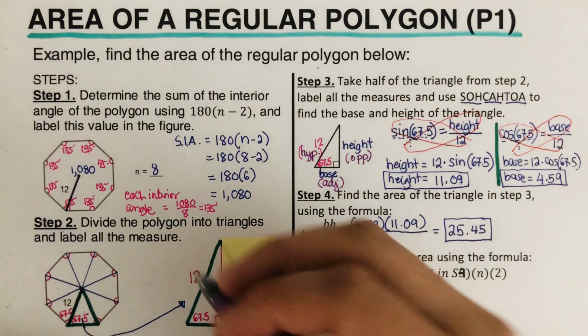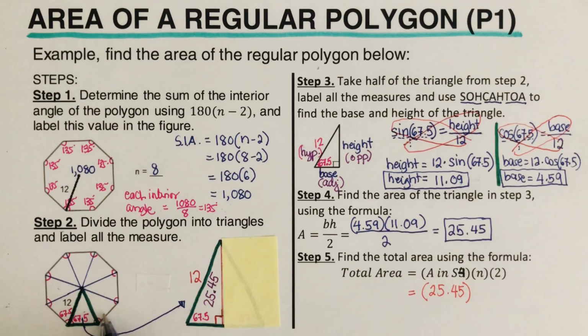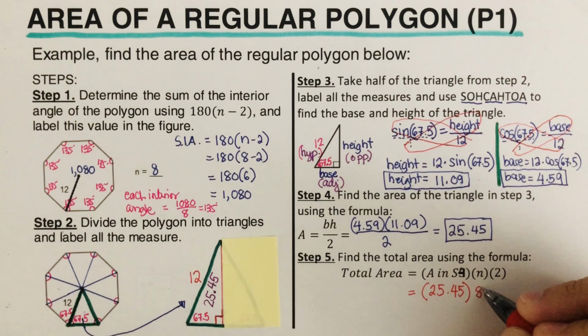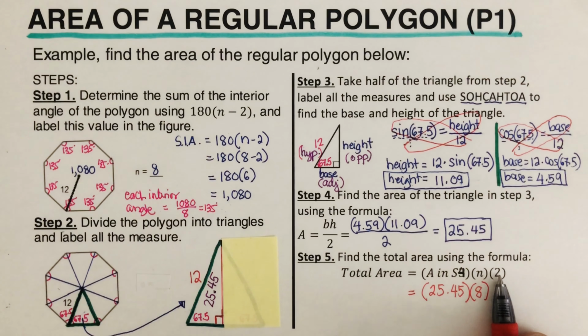Now, how many of these do we have? We are supposed to use this equation here. In order to find the total area, that would be the area that we got from step 4, which is 25.45, times n. N means the number of sides. How many sides are there? 1, 2, 3, 4, 5, 6, 7, 8. And others are going to ask, why do we multiply that by 2?